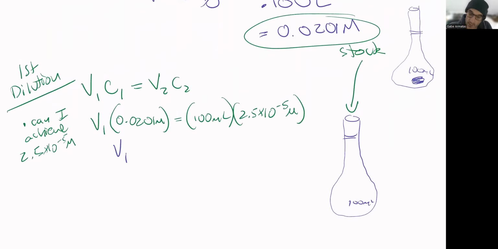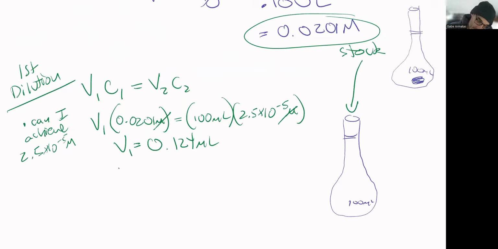So we're going to do those calculations. 100 times 2.5 times 10 to the negative 5, all divided by 0.0201. Doing this problem, you end up with a volume of 0.124 milliliters. Molarity cancels, we're left with just mils.